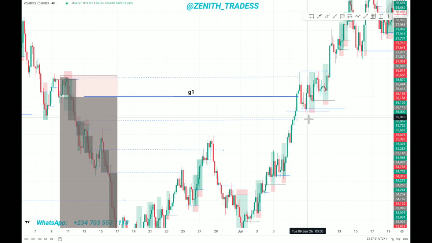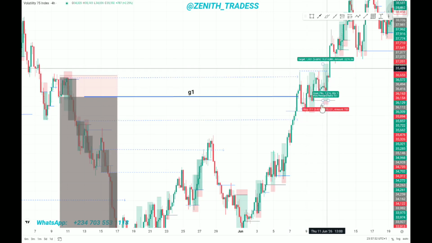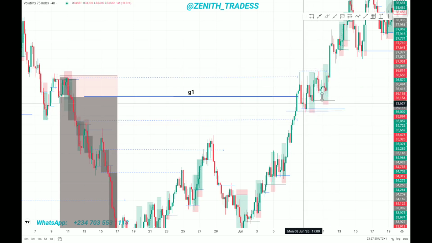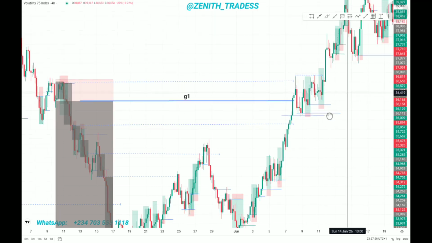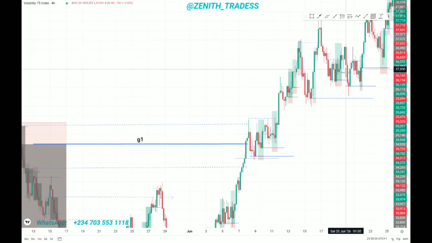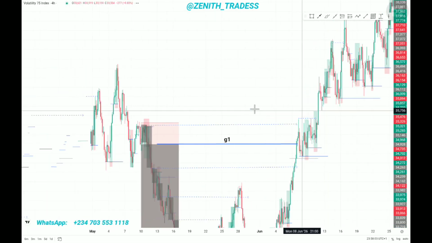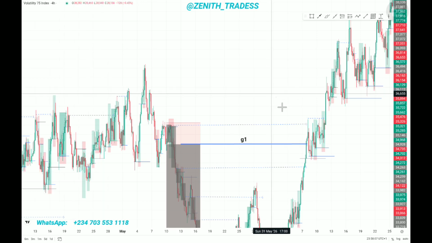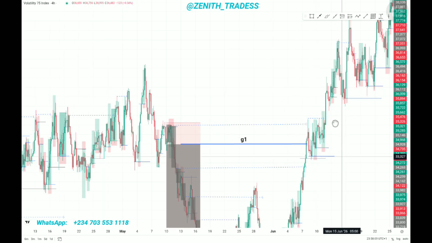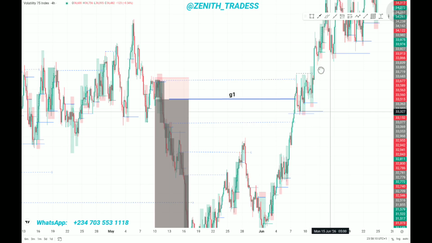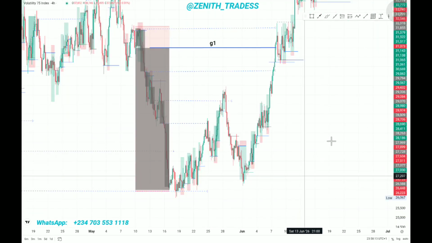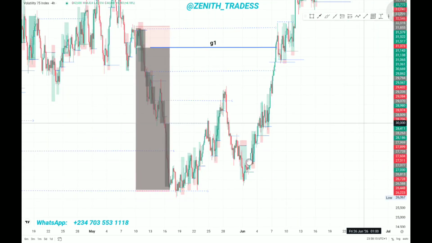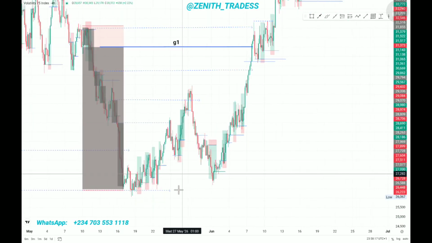All right, before it breaks, and as it breaks, before we think of it changing structure now, I mean a change of character, is when we see the next weekly open. Let's look at this place.